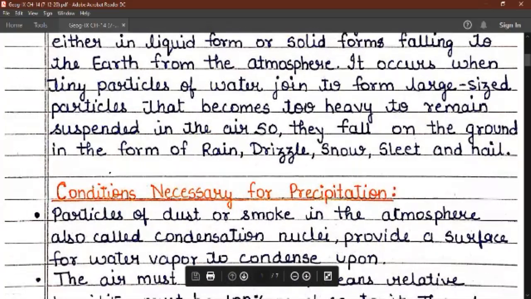The conditions necessary for precipitation are: number 1, particles of dust or smoke in the atmosphere, also called condensation nuclei, provide a surface for water vapor to condense upon.